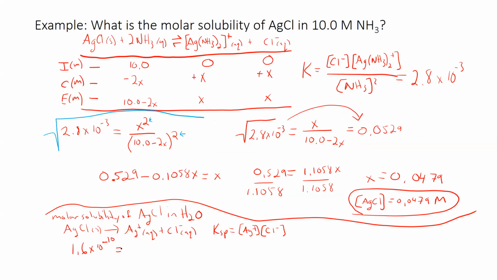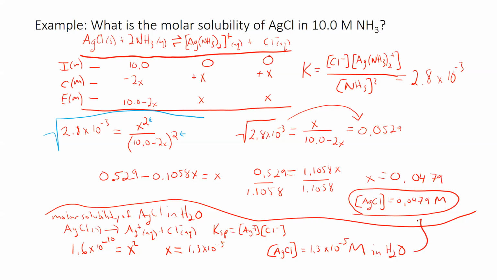And we could say, well, based on our solubility ice tables in the past, that would be equal to x squared because the concentration of silver ion and chloride ion will be the same. And so if you solve for x, it is 1.3 times 10 to the minus 5 molar. So the molar solubility of silver chloride would equal 1.3 times 10 to the minus 5 molar in water, right?